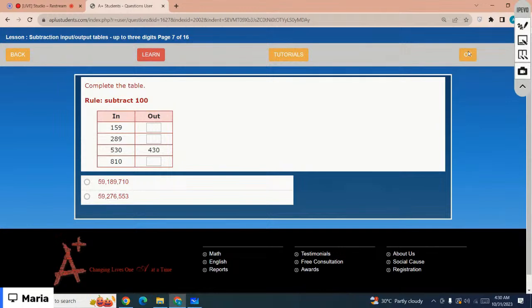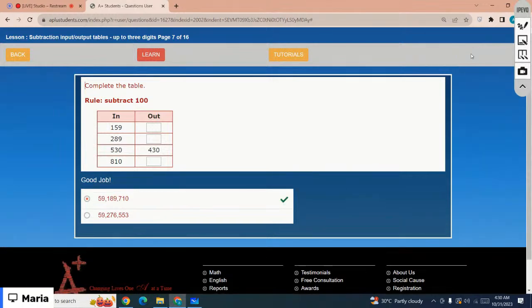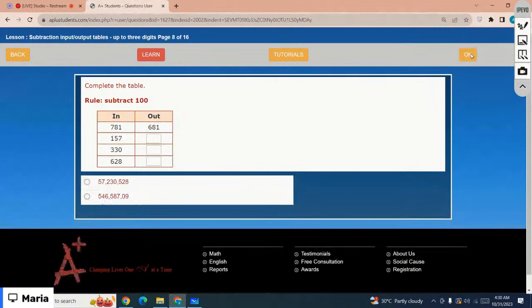Option number 1 is the correct option. 59, 189 and 710. Option number 1 is the correct option, right? Okay, the next one is complete the table. Subtract 100. So which is the correct option?